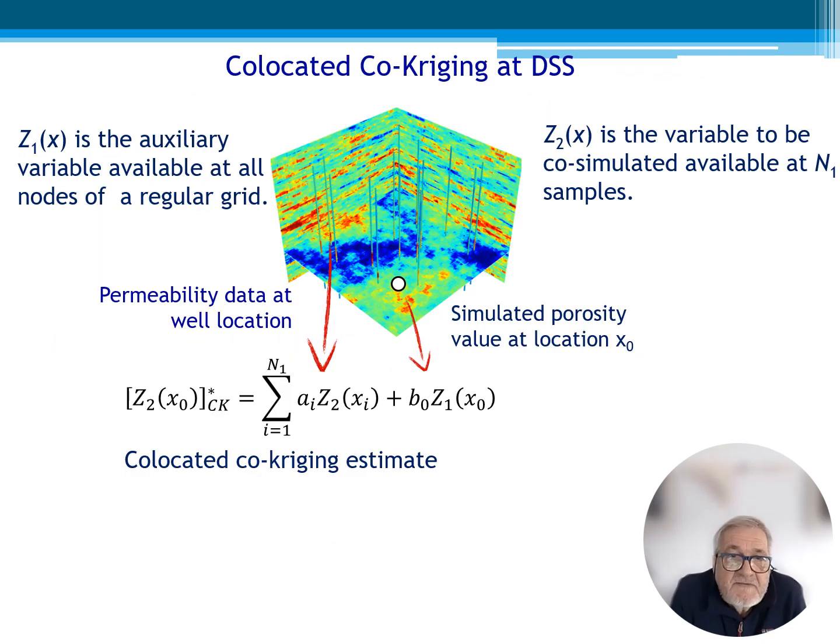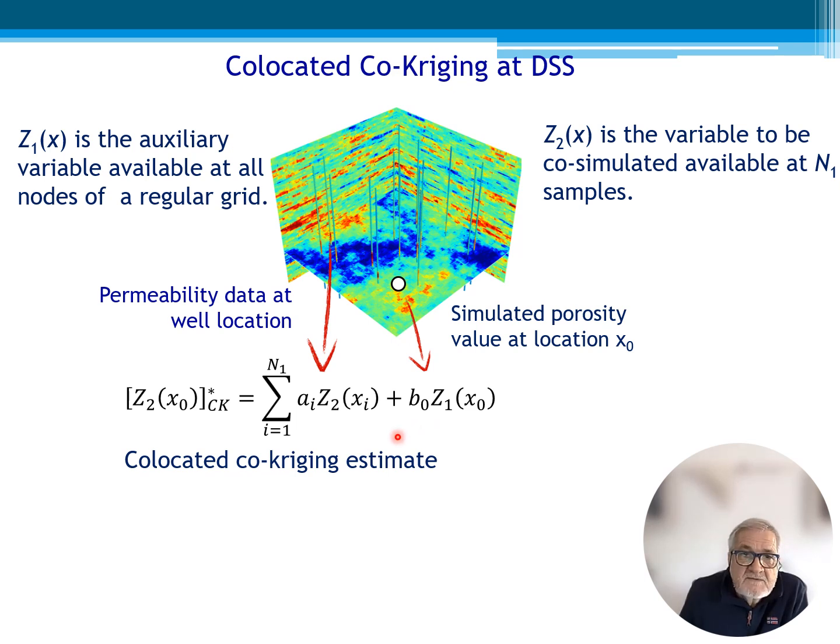In this case, Z1, previously simulated, is the auxiliary variable available at all grid nodes here. And Z2 is the variable to be co-simulated, available only at sample locations. So we are going, in this case, to estimate the local CDF at this location.